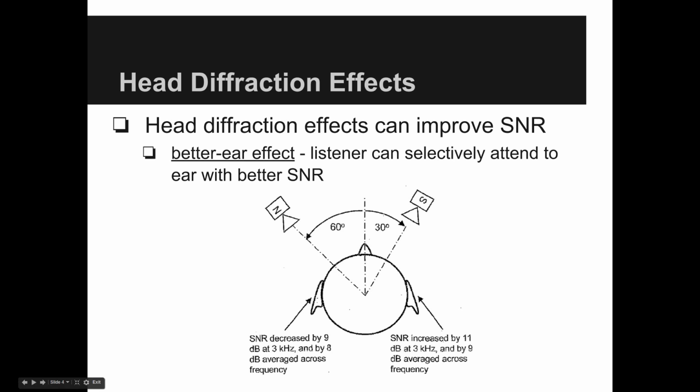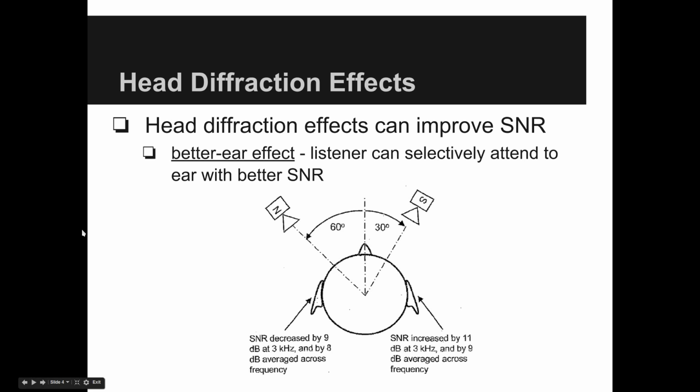The reason for the asymmetrical effects is related to the positioning of the signal and the noise. We can see the signal is closer to the right ear, and so we'll see a greater improvement there, whereas the noise is going to be affected more by head diffraction in a negative way. It'll attenuate that signal arriving at the right ear.